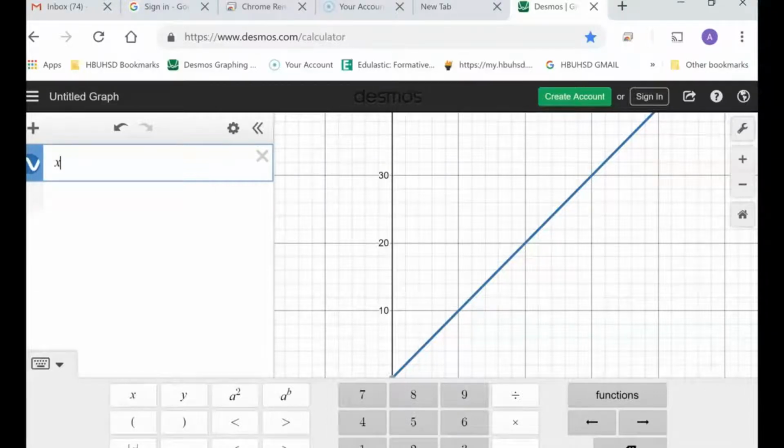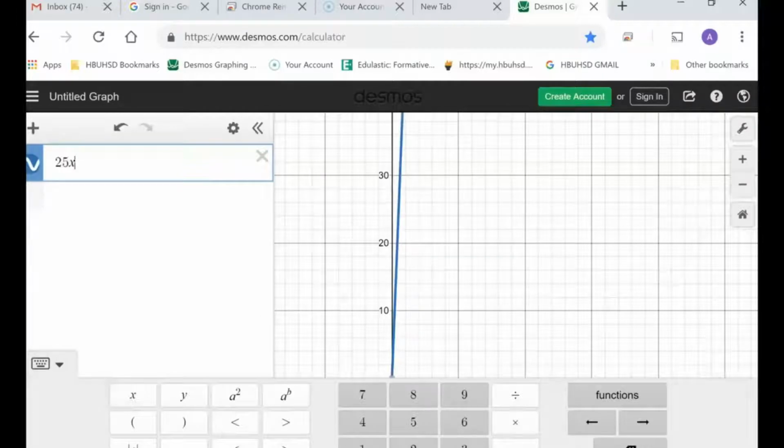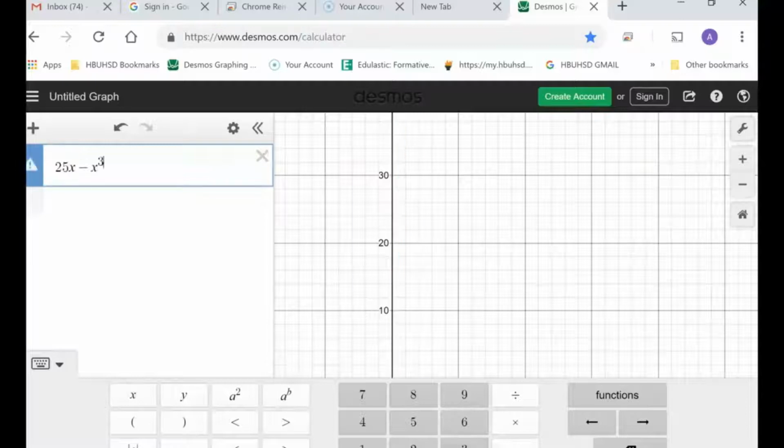Well, I guess I can technically do negative x to the third first. Come on, get it together, right? Okay. Negative x to the third, or 25x first. Well, 25x, let's do that first. Subtract x to the third.